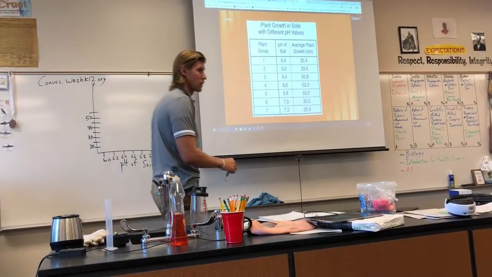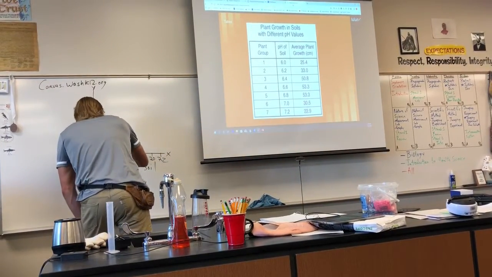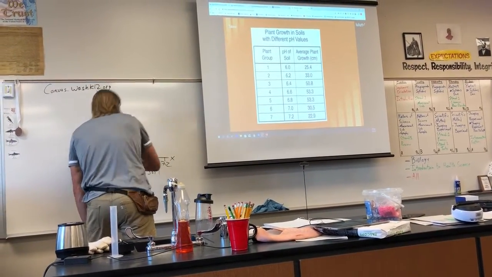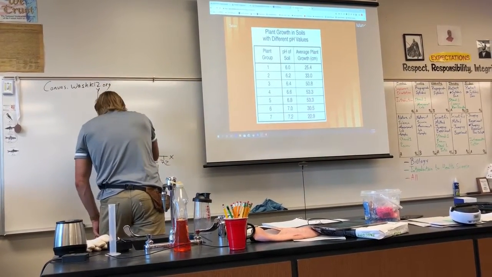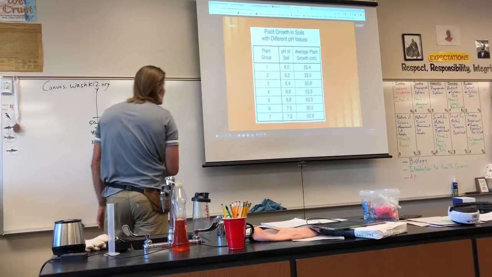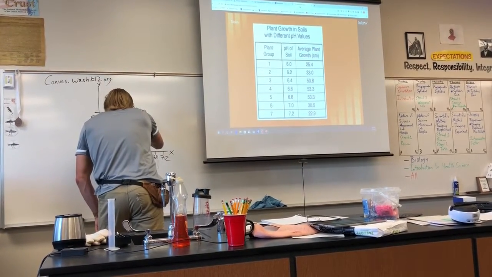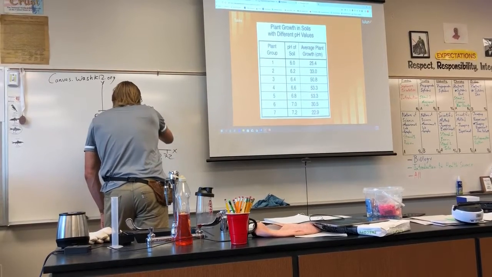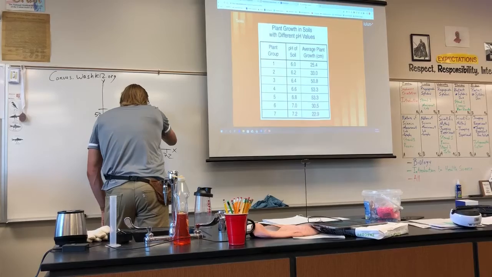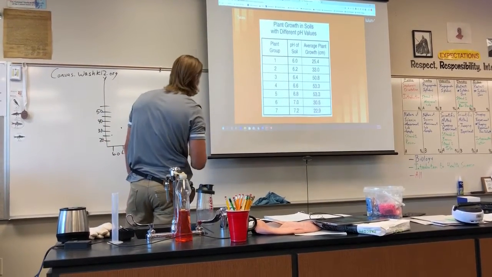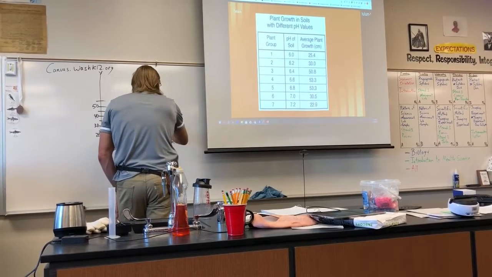You can do that. So, here we go. 6 is 25.4. 6.2 is 33. 6.4 is 50.8. And we have 53.3 twice. See if I can get it good. And then 7 is at 30.5.